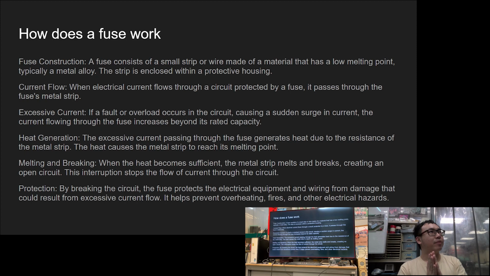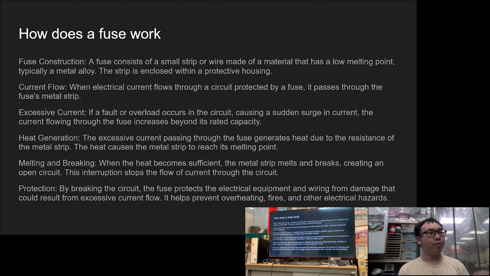So we have different fuse limitations, like the 3A fuse and 5A fuse. And the larger the current allowed to pass through, the thicker the metal piece will be, which allows more current to go through.